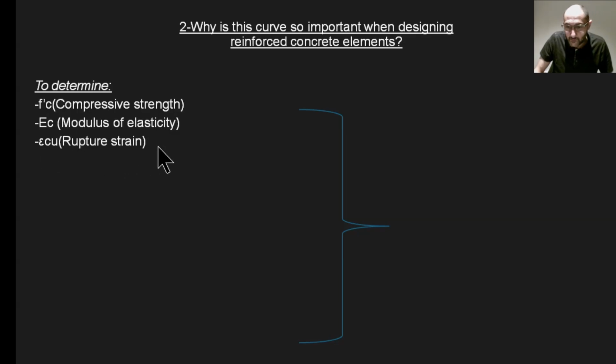So we have three components here that we need to look at. Now, all of these parameters are first dependent on the concrete materials and the mix ratio. This is very important, and that's the relationship between the properties of the concrete and the stress strain curve.